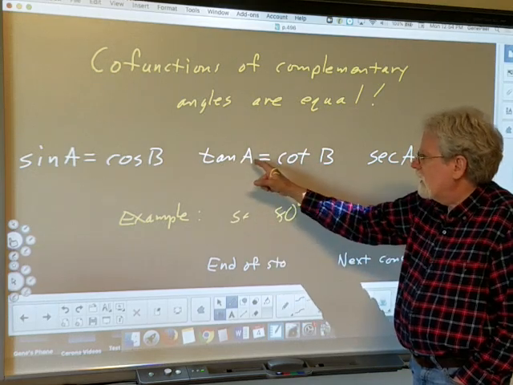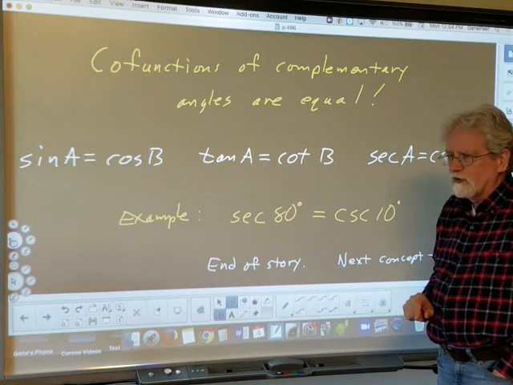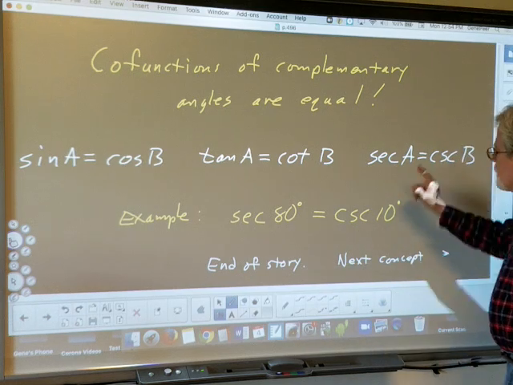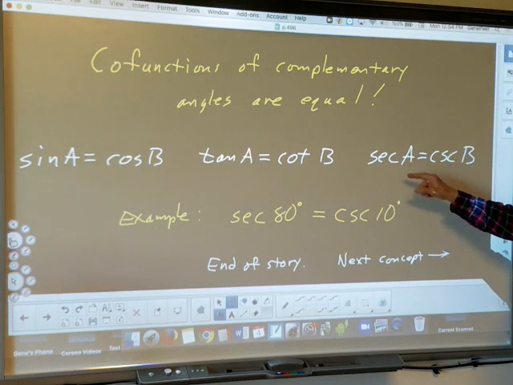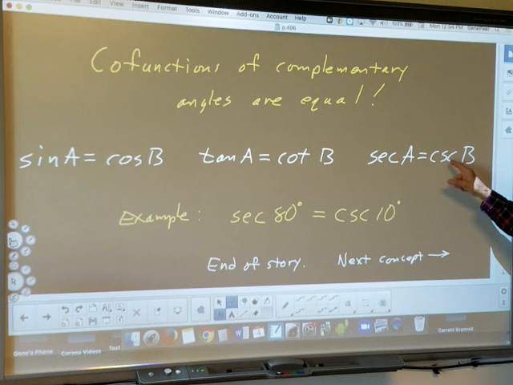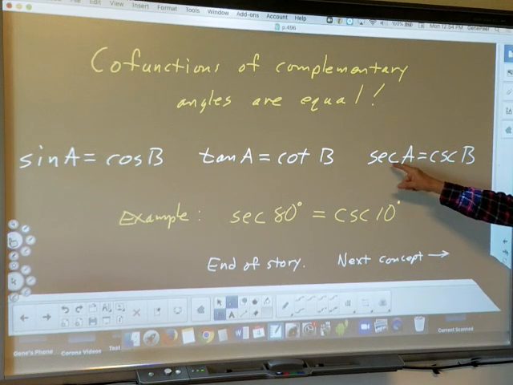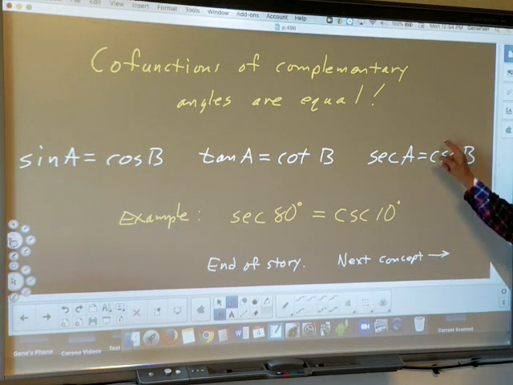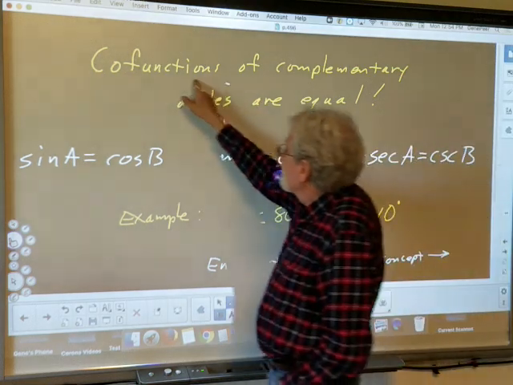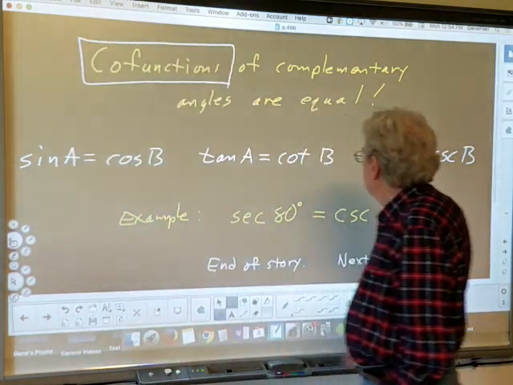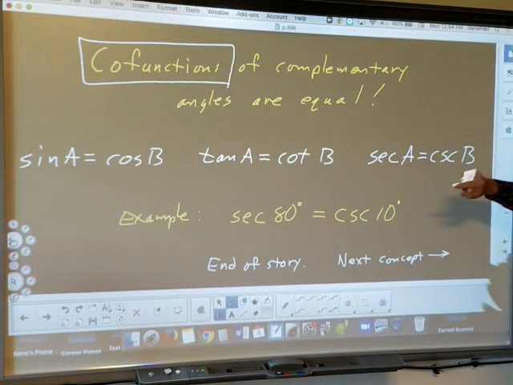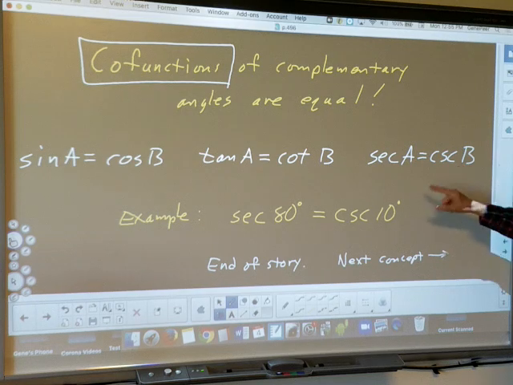The tangent of A equal to the cotangent of its complement B. The secant of A equal to the cosecant of B. Secant and cosecant, cofunctions.